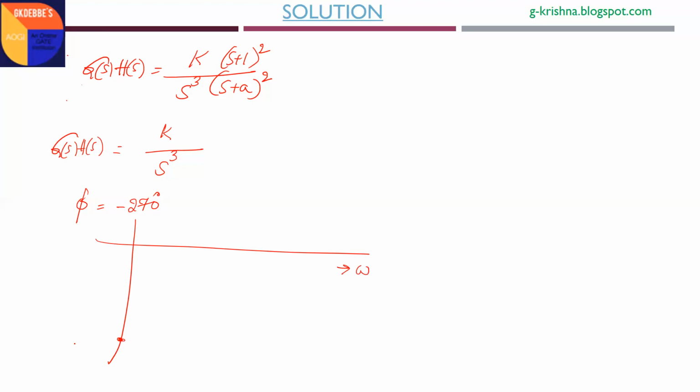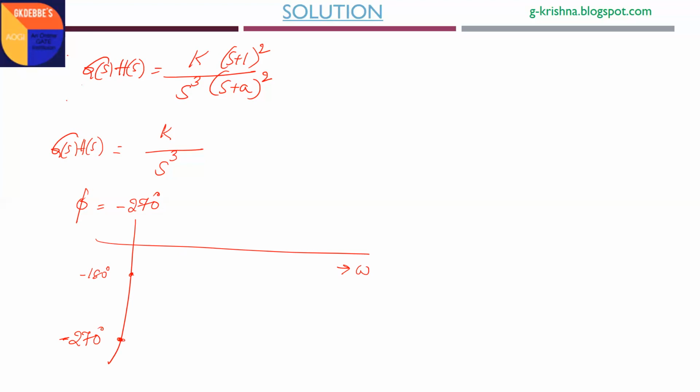At zero frequency, definitely the phase angle will be minus 270. And where will it be minus 180? Obviously above minus 270 degrees. Now, only by increasing the phase can the phase plot cut minus 180, not by decreasing. But if you want to increase the phase, you have to connect a lead system.